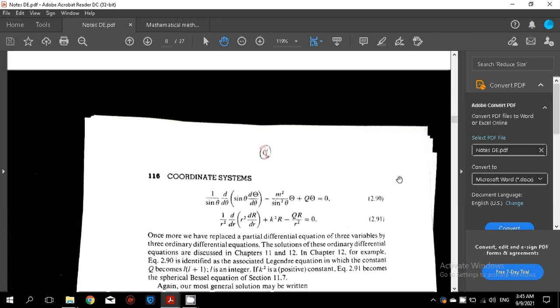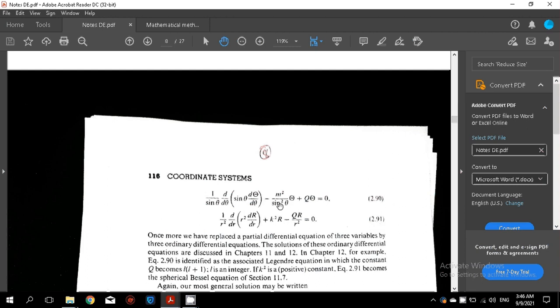So that is the result we get here. The new constant we have introduced is q. So we have separated the theta equation here as 2.90 and the r equation here as 2.91.